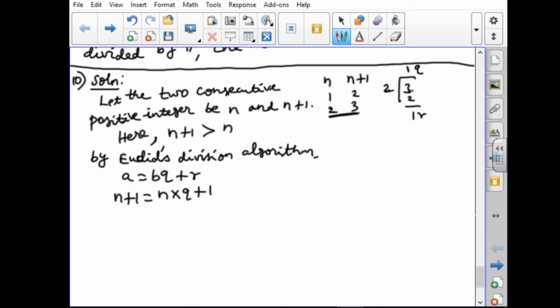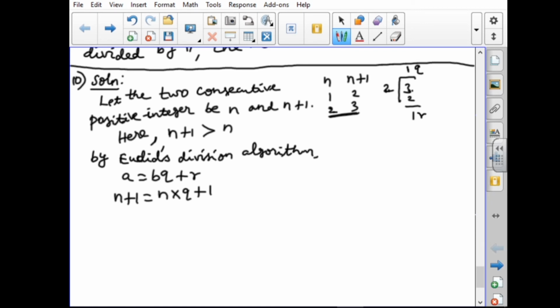For example, any number we divide like this, we get the remainder 1. So the remainder will always be 1 in this statement. So n + 1 = n × q + r, where r = 1.